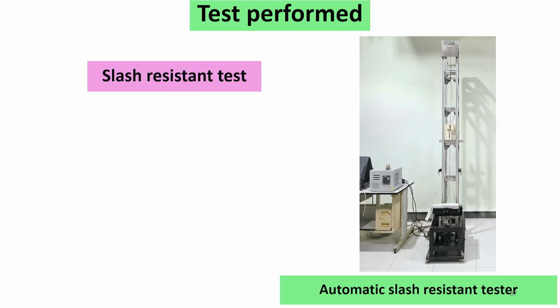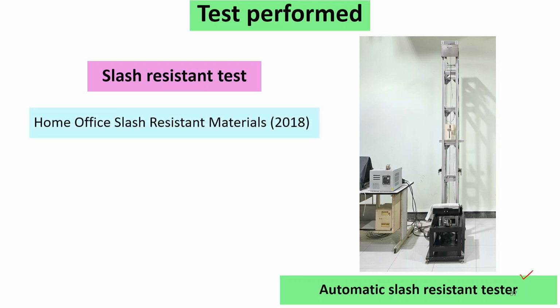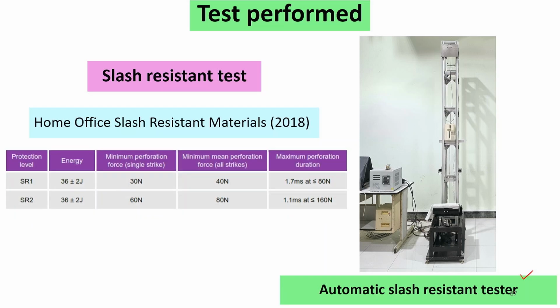Now, slash resistant testing. An automatic slash tester was used, which we have already discussed in the last session. Home office slash resistant materials were used in this tester. Here there are two levels, SR1 and SR2, which we have already discussed, where the energy required is 36 plus or minus 2 joules.